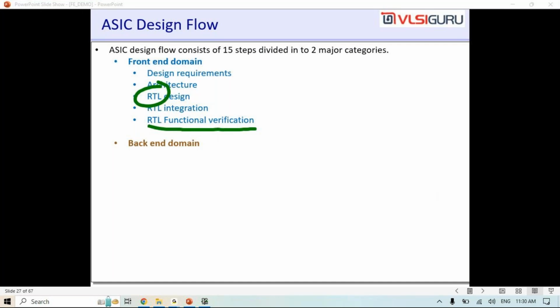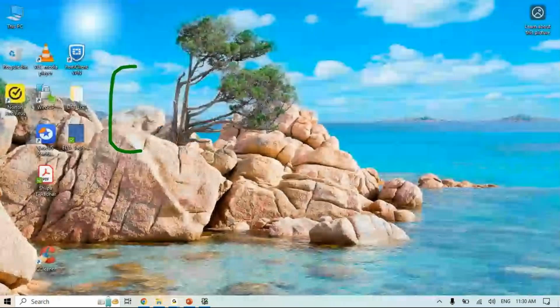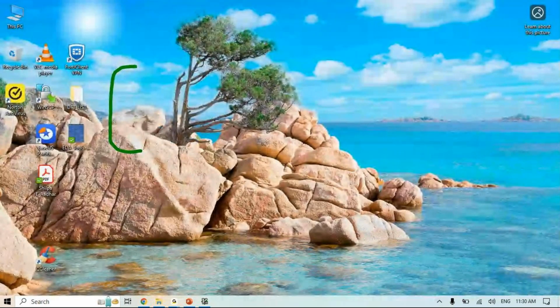After that, what is the next step? DFT, design for testability at the coding level, at the Verilog level. This entire set of steps collectively we can call what? Front end domain. So tell me, where does the front end domain start? Requirements.